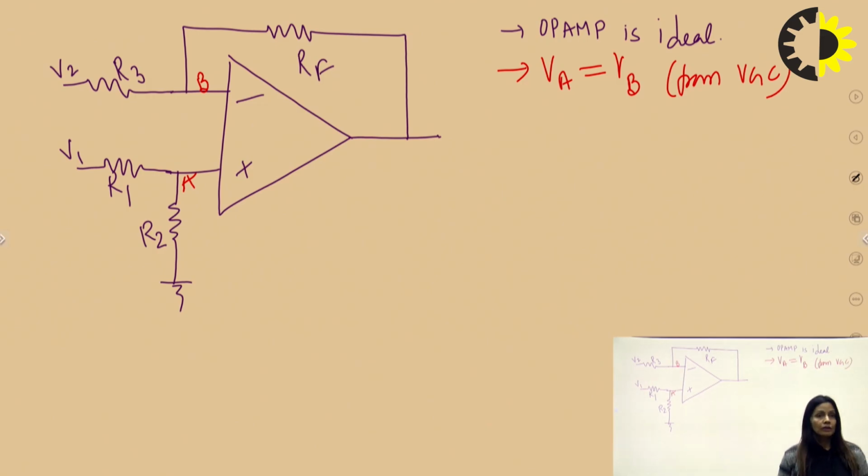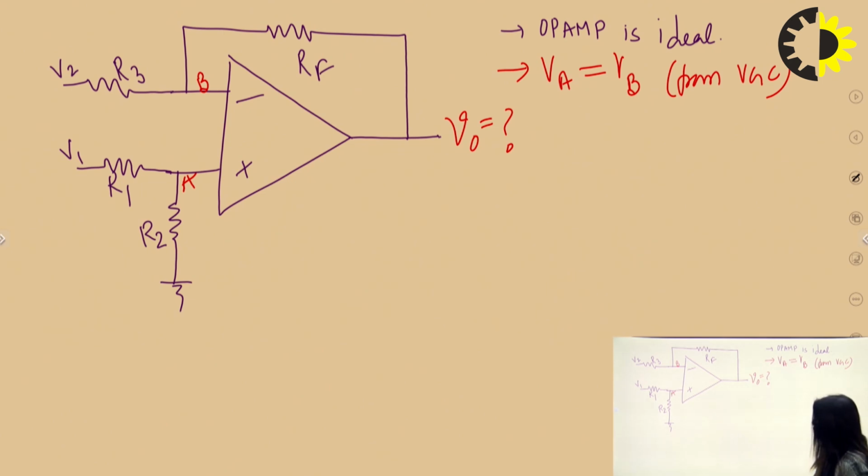That's all. So the goal is we need to find the output voltage at the op-amp terminal. I want to find this output voltage. This is my motive for the circuit. We want to calculate the VO at the output terminal of the op-amp.